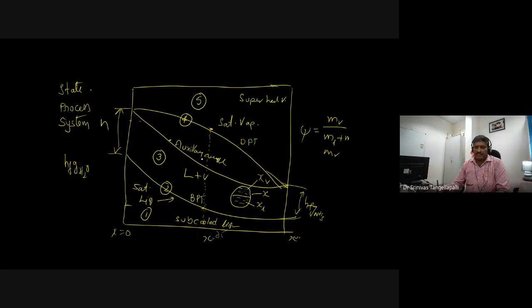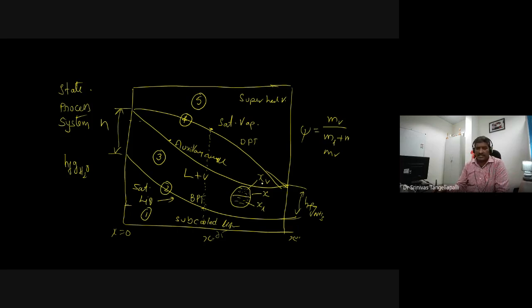The same definition we are using, but here mv, we are calling this vapor, and this vapor consists of H2O as well as ammonia. The liquid also consists of H2O as well as ammonia. The concentrations are different.